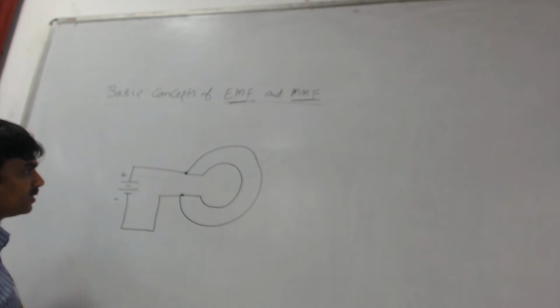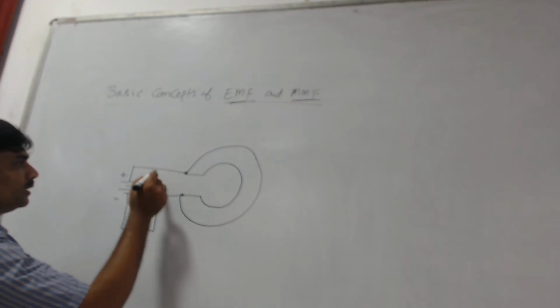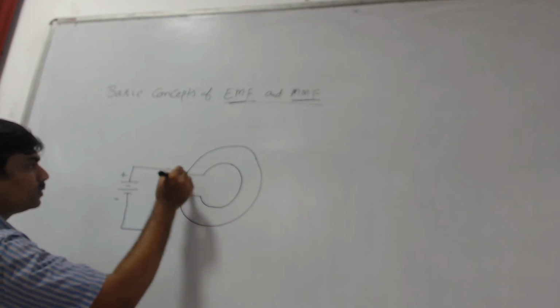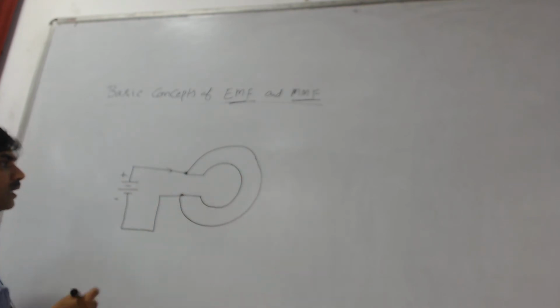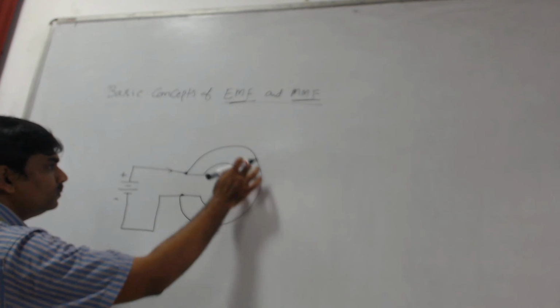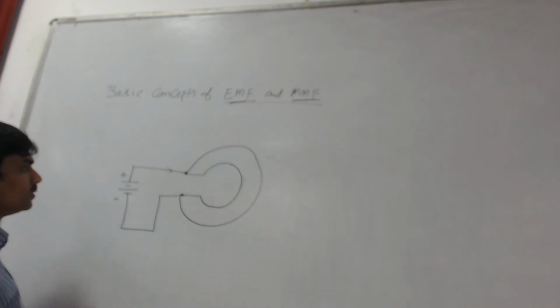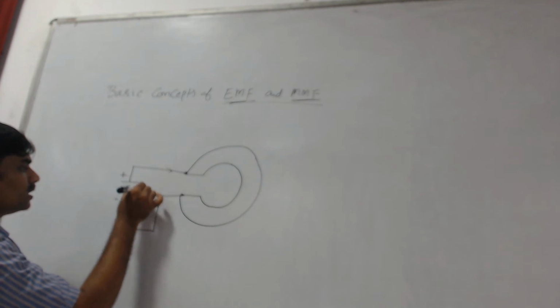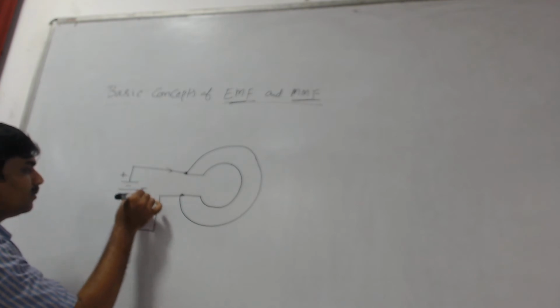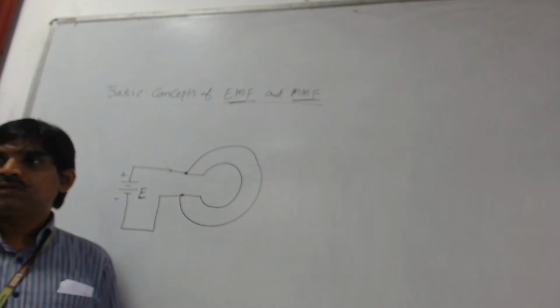Once it is finished, it automatically forms a closed path. In the closed path, the current passes from high potential to low potential. This is called E, the energy source. E is nothing but EMF, electromotive force.